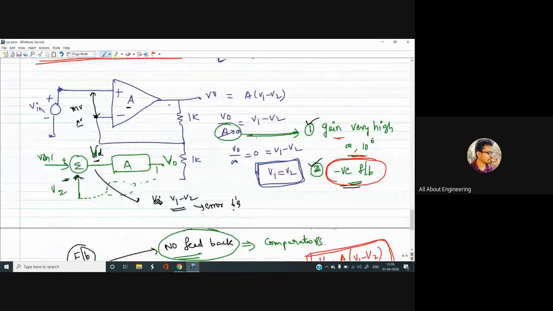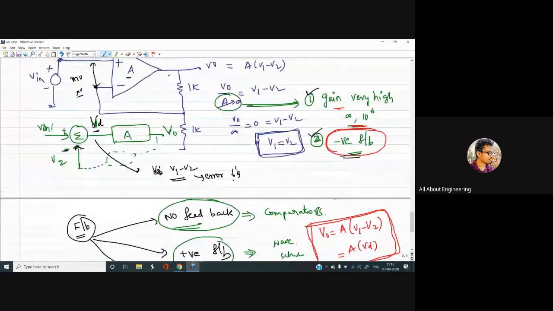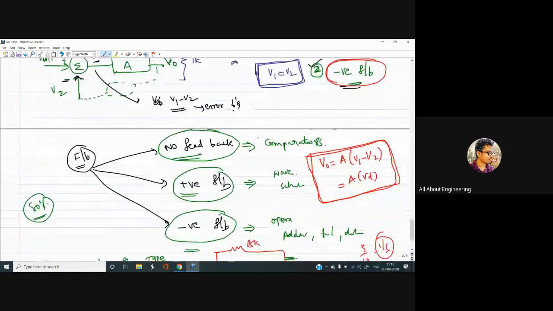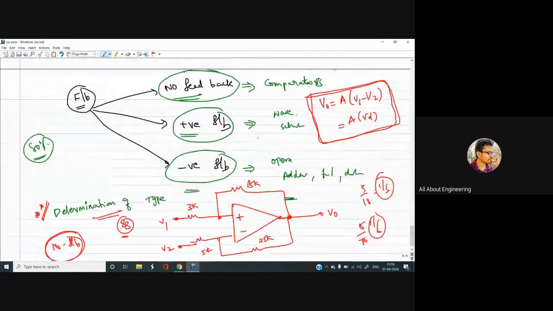The two mandatory thumb rule conditions are that the gain should be very high and it should be connected using negative feedback. Then we concluded the early morning session with the possible combinations we can study in operational amplifiers: the no feedback case, the positive feedback case, and the negative feedback case. We are going to discuss all these in detail one by one.